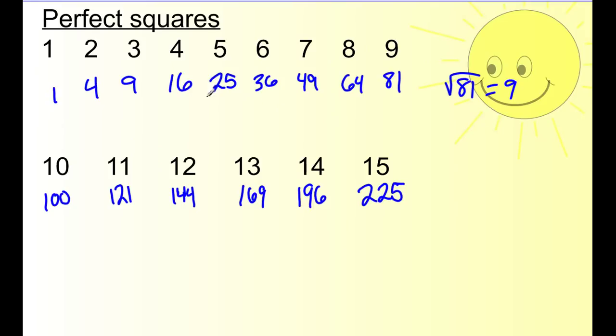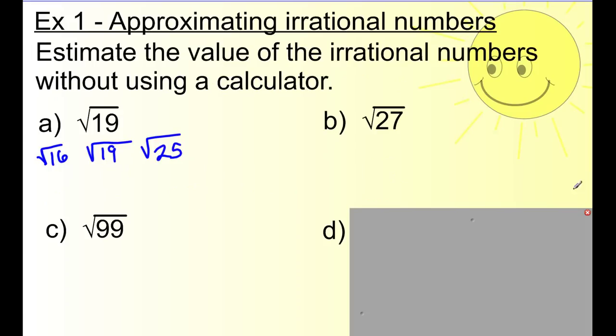So 19 would be in here, so there's 16 and 25. If I take the square root of 16, I get 4. If I take the square root of 25, I get 5. So this square root of 19 would be someplace between 4 and 5.